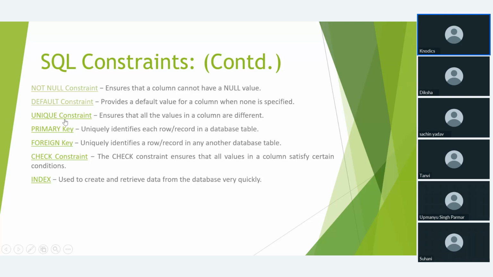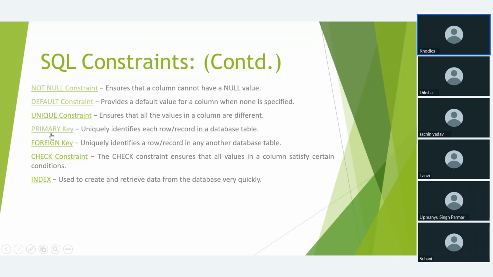Understood? Then the primary key. The primary key is the unique identifier. A particular value which is there is unique and it is not null. So for a primary key, two constraints are applied automatically: unique and not null.